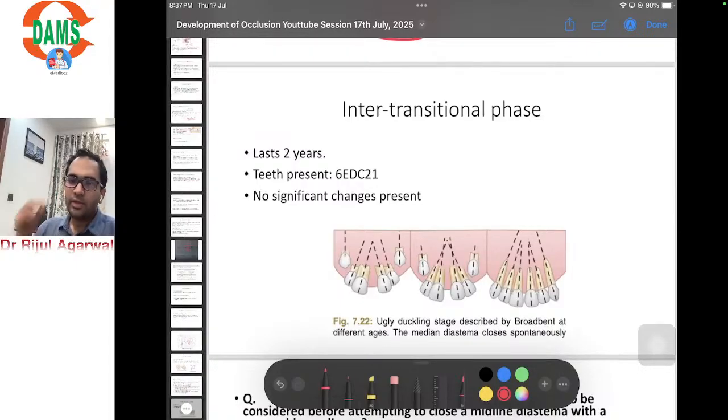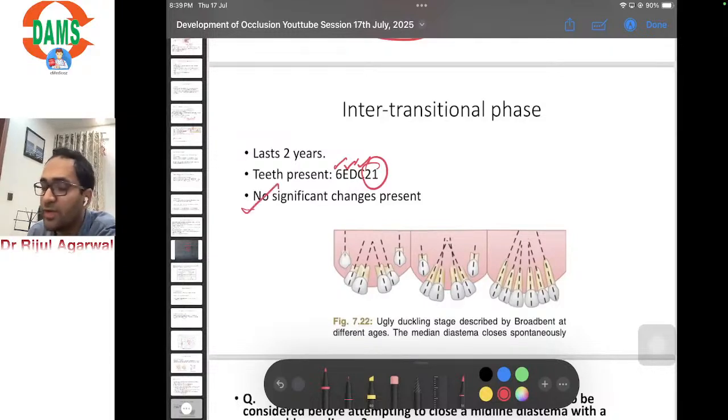Moving towards the next stage, that is the intertransitional period. As I told you before as well, there is no exchange of teeth in this stage. This lasts for around 2 years, and the teeth present in this stage are the permanent first molars, the primary molars, the primary canines, and the incisors.